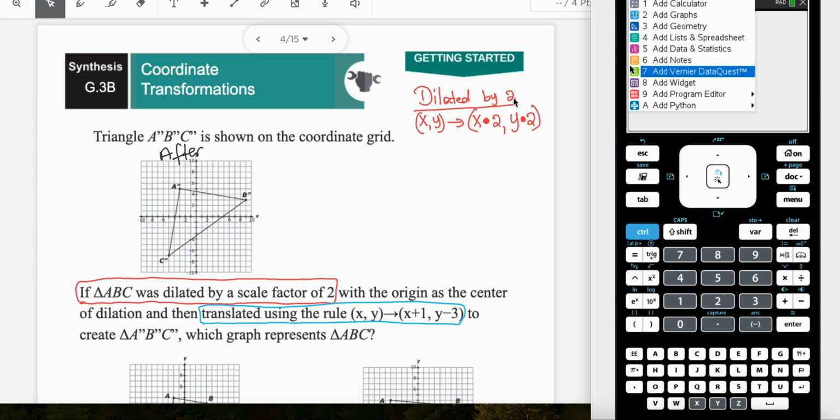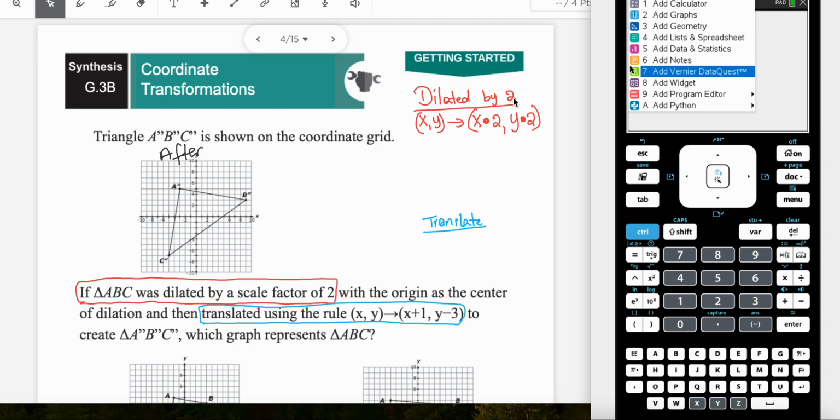Now, translate. I'm going to write down a thing. We're going to translate using the rule.